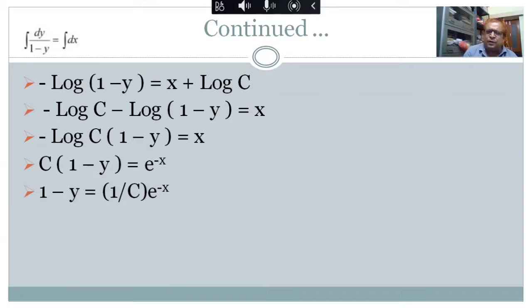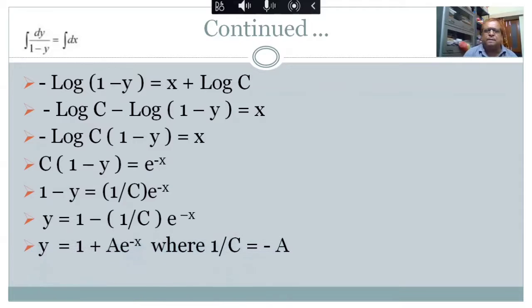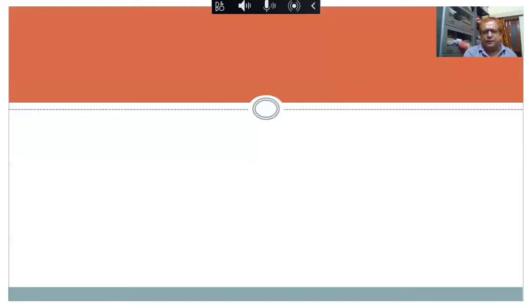And we can write y equal to 1 minus (1 upon c) e raised to power minus x. Now if we put minus 1 upon c equal to a, then y is equal to 1 plus a e raised to power minus x. And it is the general solution of this given equation.